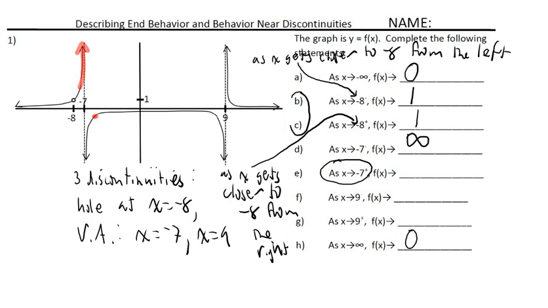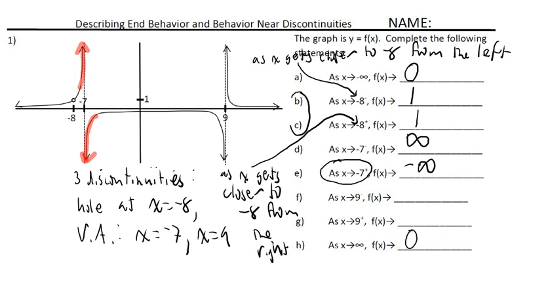So if you didn't understand those answers, let me do my best job of trying to make sure you do. If you look at the first vertical asymptote, the first dotted line, you can see on the left side I'm shooting up, on the right side the graph shoots down. Well, for the vertical asymptote at x equals 9, it's the reverse.